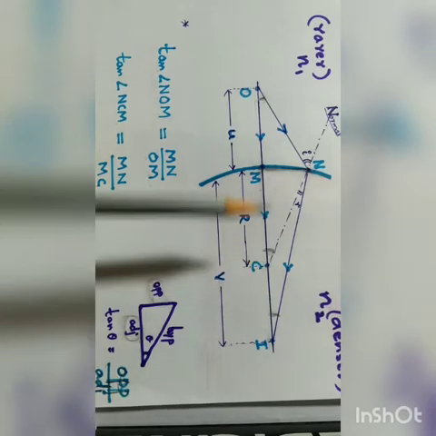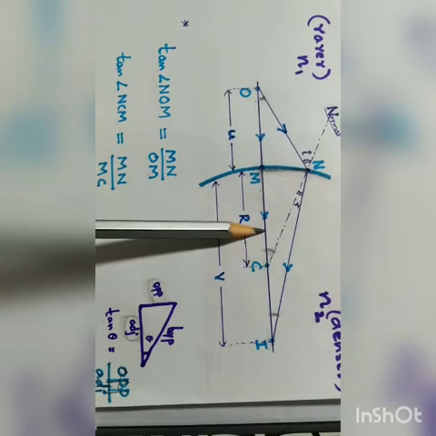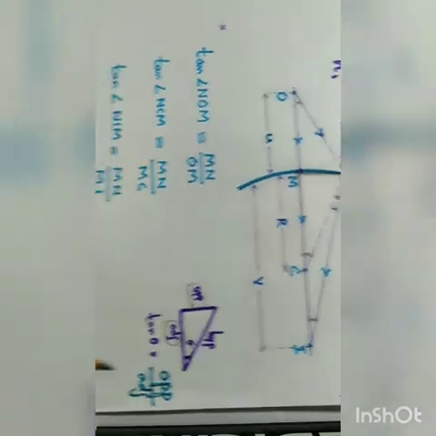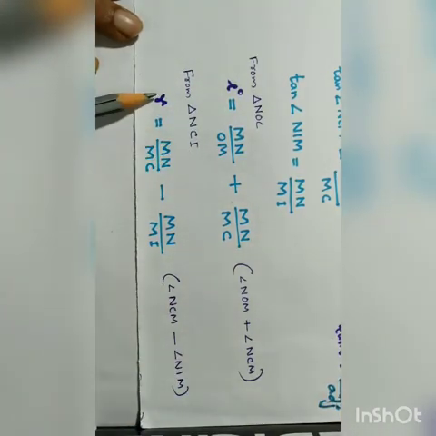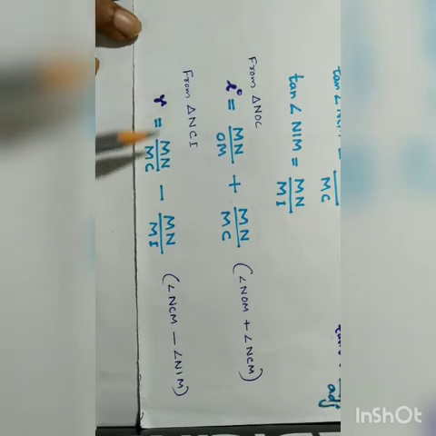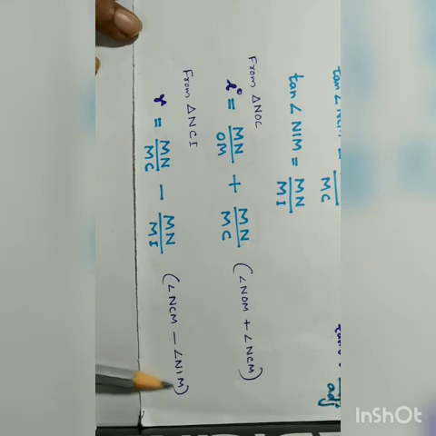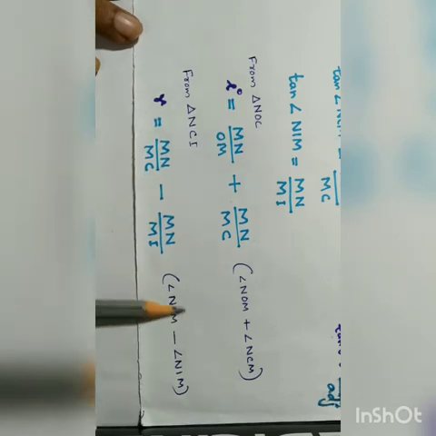So I can write that angle R is equal to this angle minus this angle. How did I get that? From triangle NCI, R is equal to angle NCM minus NIM. I hope you have understood that. R is an internal angle and the external angle was angle NCM.